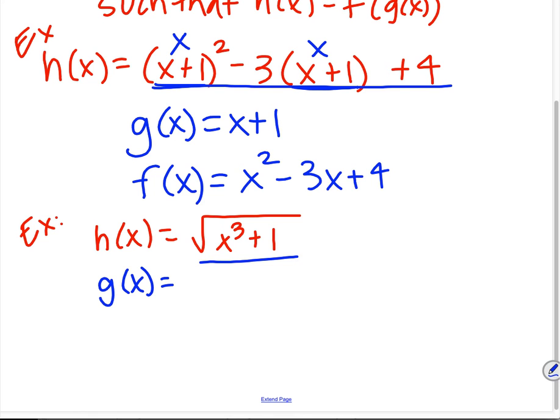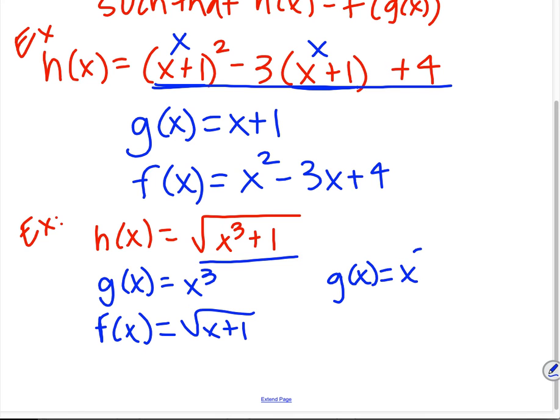If I say g of x is x cubed, then f of x would be the square root of x plus 1. That is one possibility. Or you could say g of x is equal to x cubed plus 1, and f of x was just equal to the square root of x. You can come up with different scenarios that could potentially work.